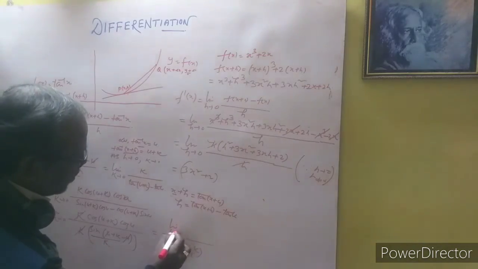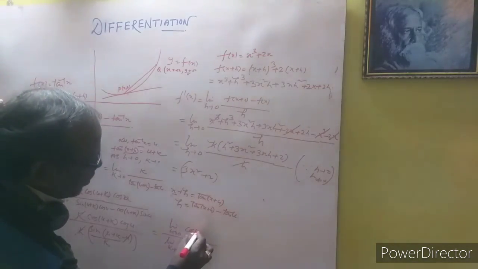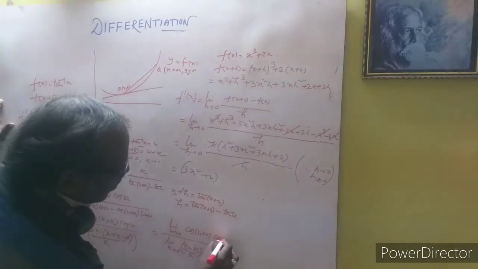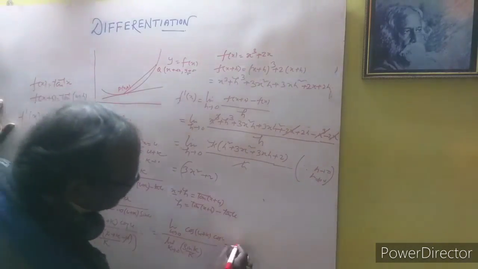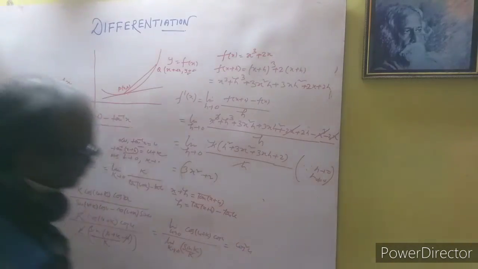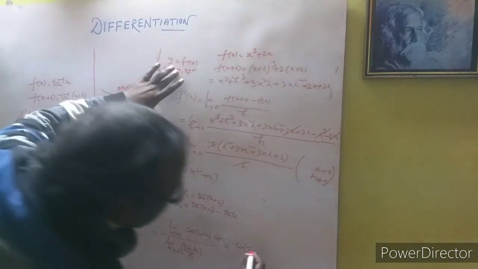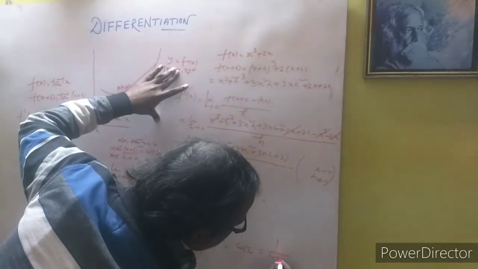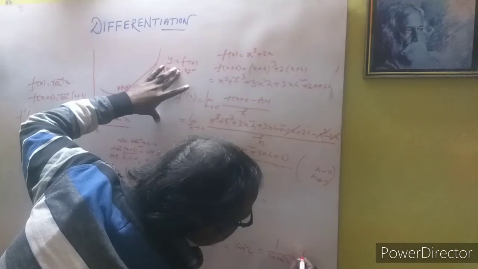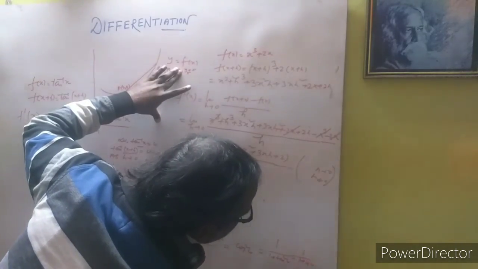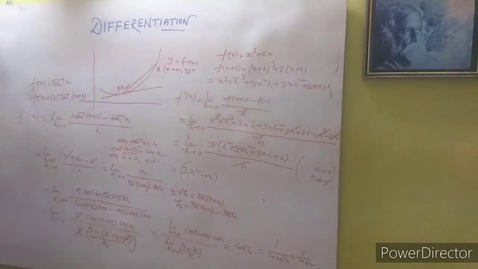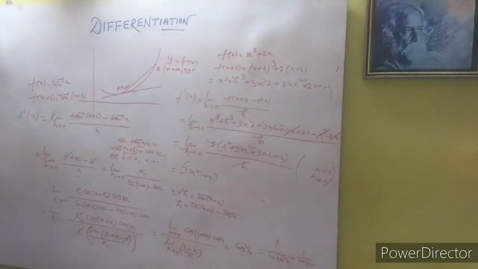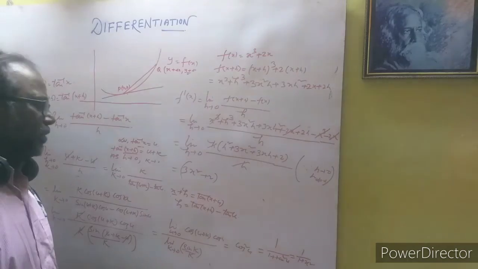This is k tends to 0 of 1 by cos of u plus k and cos u, that is equal to cos square u, and 1 by cos square u means sec square u. Sec square means 1 plus tan square u. Tan square u means 1 plus x square, since tan u is x. Okay, so this is the differentiation formula of tan inverse x, that is 1 by 1 plus x square.